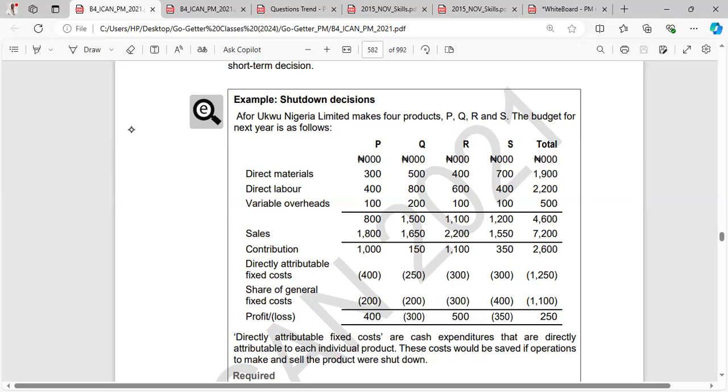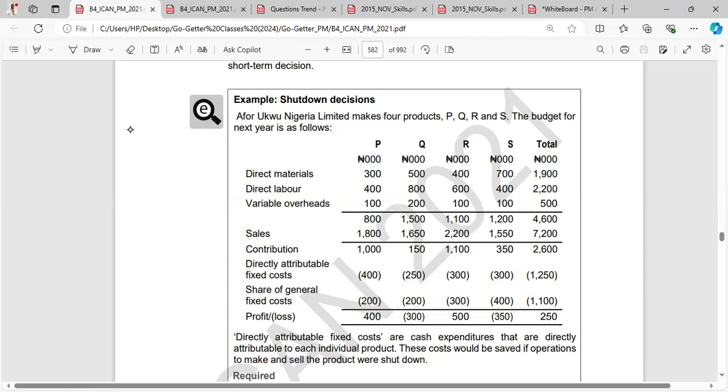For direct materials, they have budgeted 300,000 for P. For Q, they have budgeted 500,000. For R, they have budgeted 400. For S, 700. So altogether makes it 1,900,000.